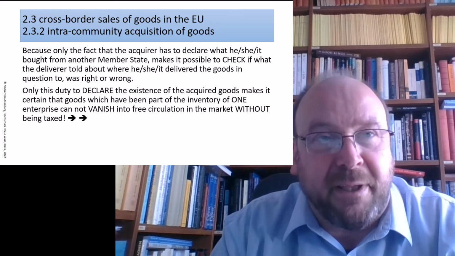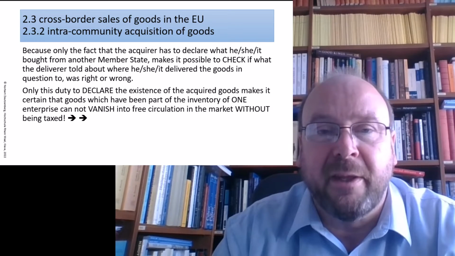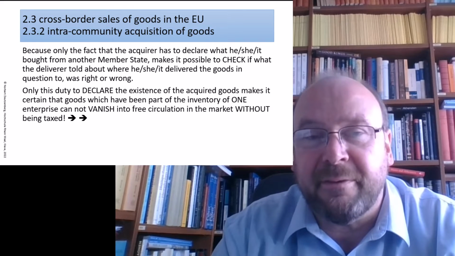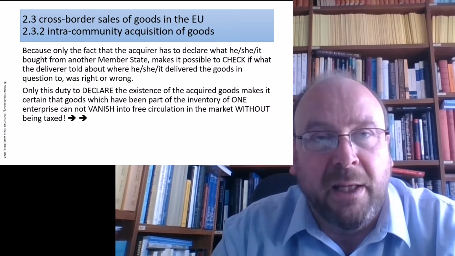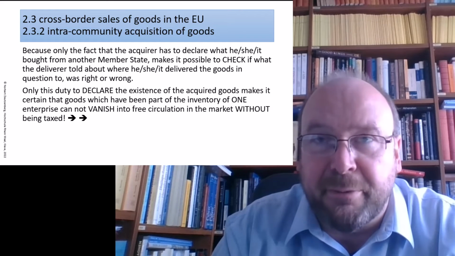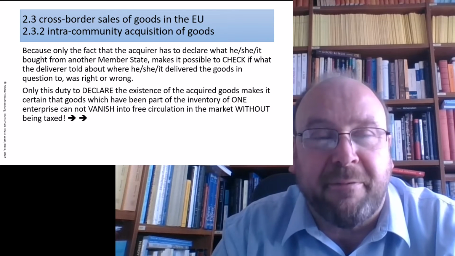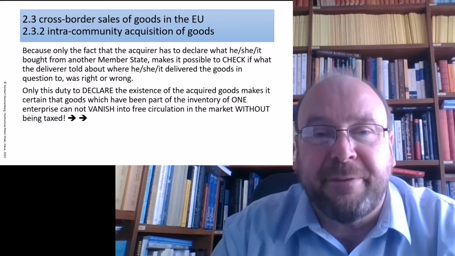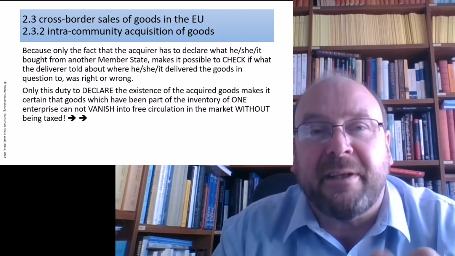If you now say the supplier only gets a tax exemption for an intra-community acquisition in his country if he gives us the VAT identification number of the acquirer and the acquirer has declared the acquisition, then we can be sure that the goods which left the books of the supplier free of tax must show up in the next step in the books of the buyer, and so can never vanish completely from that sphere which the fiscal authorities can control. There is naturally another alternative.